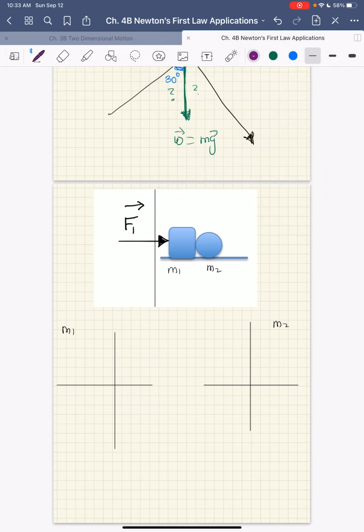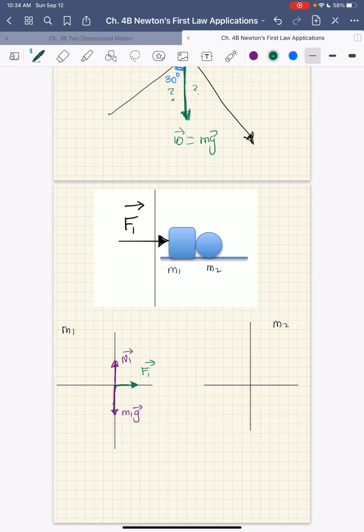Okay, for mass 1, I have, of course, its weight downward, M1g, or weight 1. It should be labeled M1. And here I have the normal 1. And I have that force here, which is force 1.